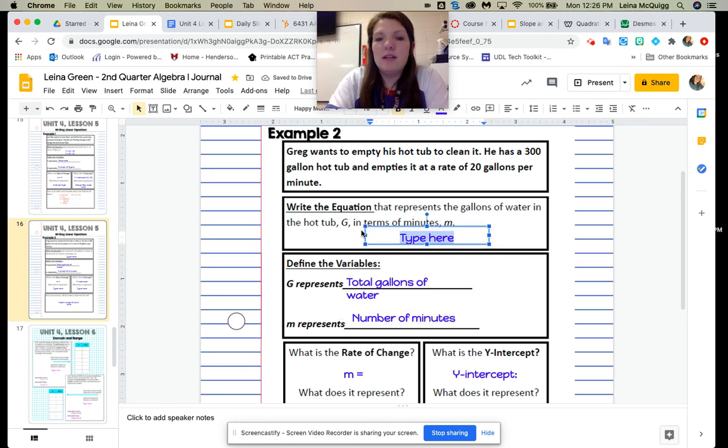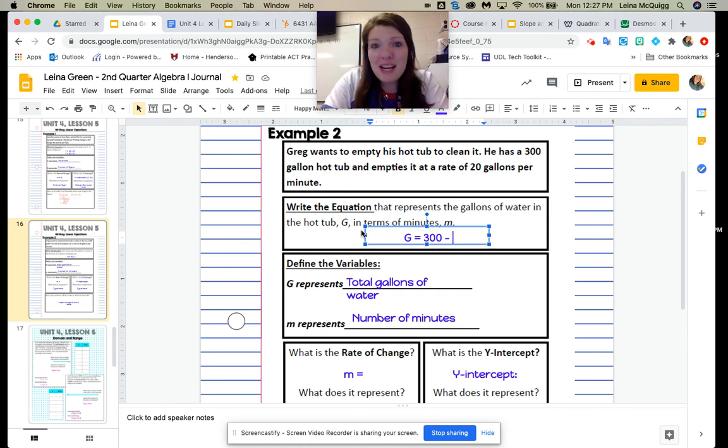Okay, so I'm going to write this. G equals, so the number of gallons equals, how many gallons did he start with? Well, he started with 300 gallons, and he's draining it. So are we adding water or are we subtracting water? Well, draining it means, like, if you drain your bathtub, water's going away, right? So we're subtracting water. He's emptying it. So that's how we're getting subtraction. It's going away. And it's emptying at a rate.